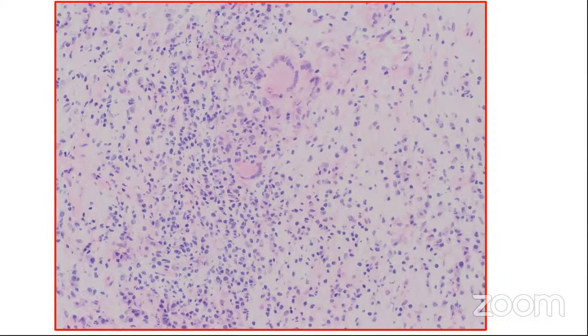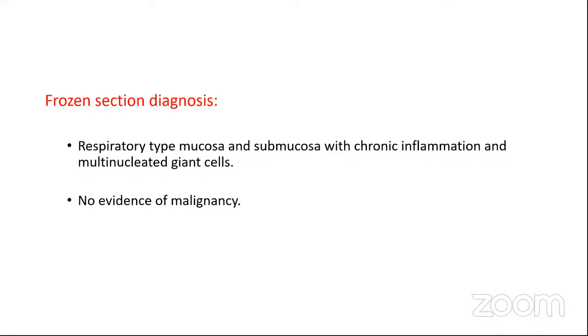You may want to see diffuse infiltration by chronic inflammatory cells, and there are 2 multinucleated giant cells in the field. There was no malignant tumor in the frozen section tissue that was submitted, and the diagnosis was respiratory tract mucosa and submucosa with chronic inflammation and multinucleated giant cells, and no evidence of malignancy.